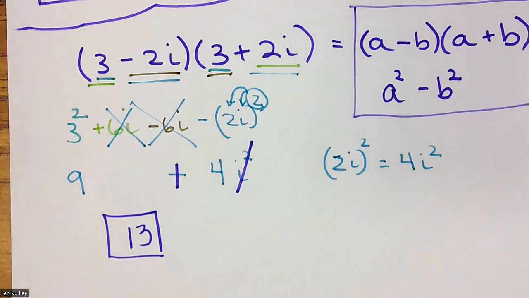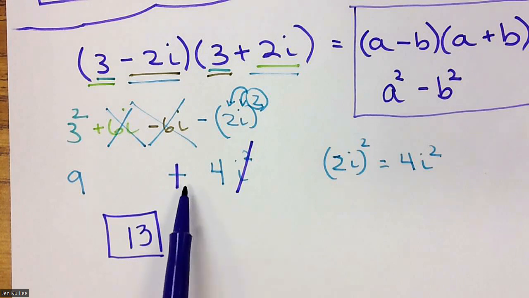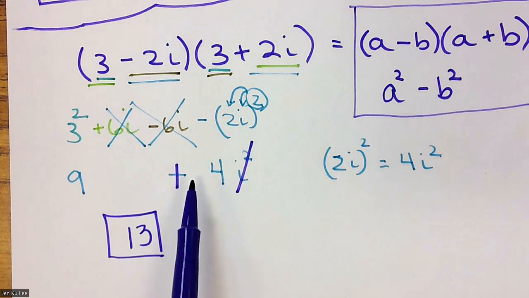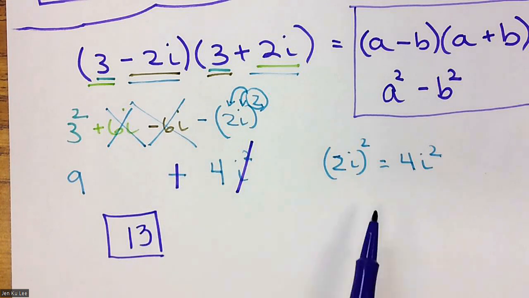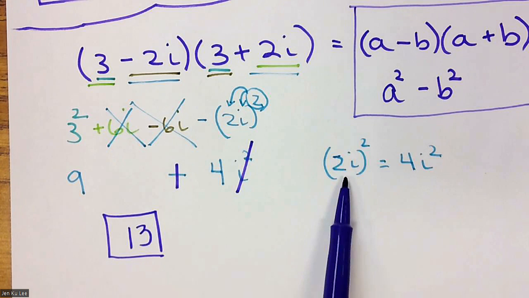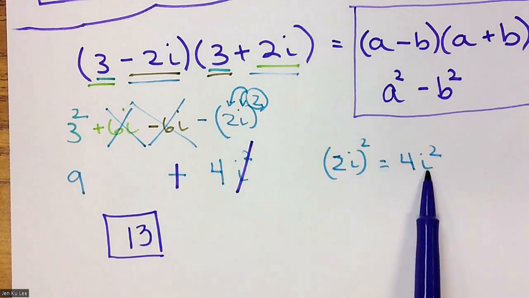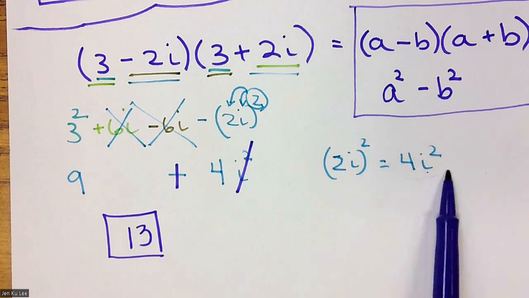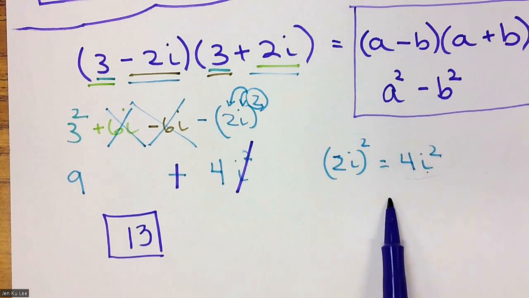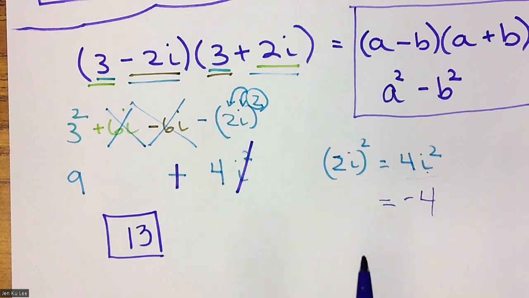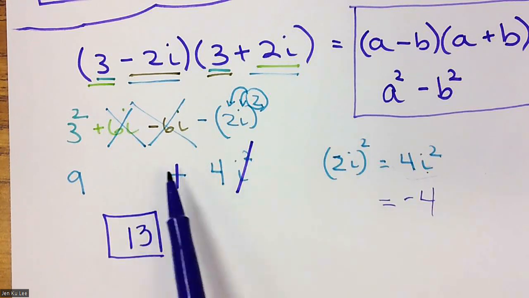Well, there's a negative out here. Because then if I simplify this now, it's going to be equal to negative 4. But what did I add for?